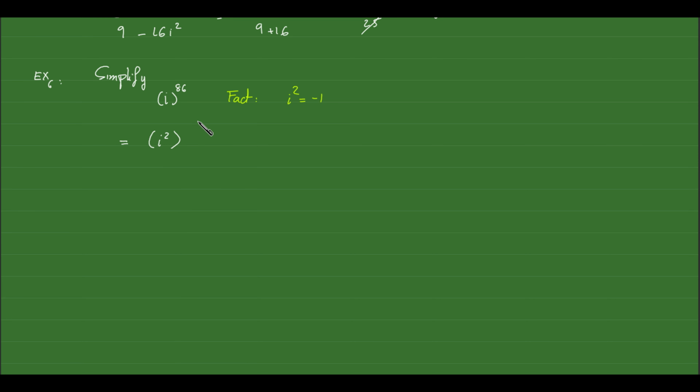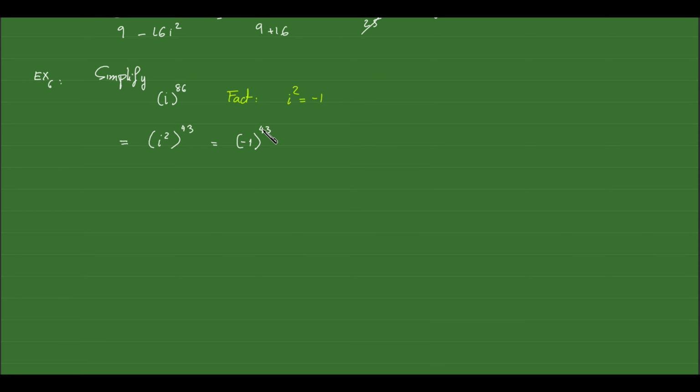86 divided by 2 gives you 43, right? And 43 is an odd number. We know that i squared equals -1, so this is -1 raised to the odd exponent 43.